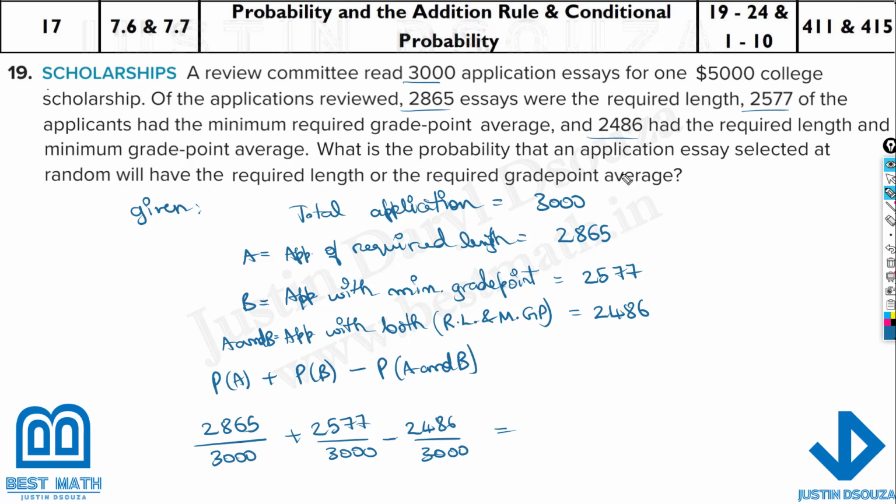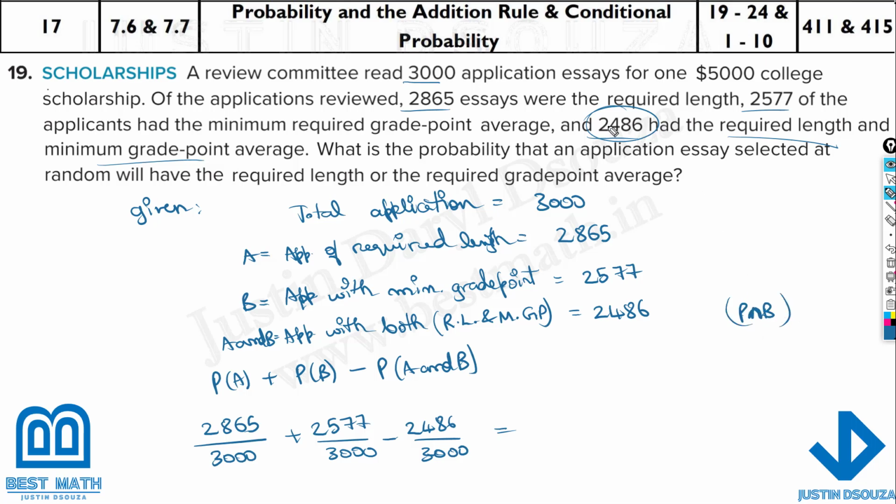Here, a few important things. Write what is given. Then this is the formula. It's a standard formula. But remember, whichever is told both, say over here, required length and minimum grade points, this is the intersection, A intersection B. The inverted U is called intersection.